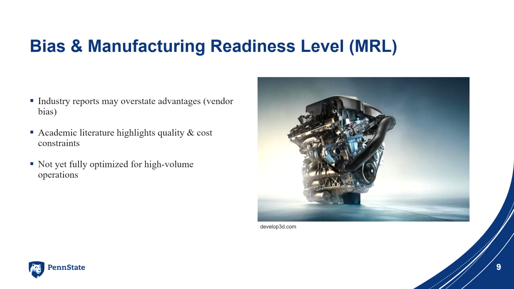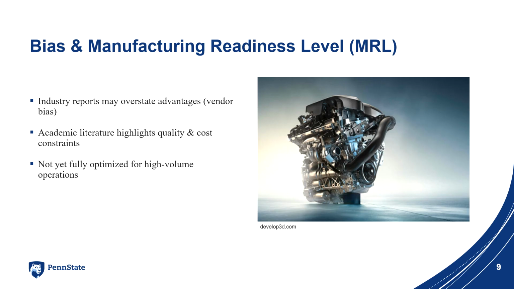So let's look at the reality. When we looked at vendor materials, most of it highlighted the positives, such as the speed, complexity, and how tooling is eliminated. What vendors don't talk about much are the real constraints: rougher surfaces, slower throughput, and higher variable cost. Academic research gives a more balanced view and confirms those limitations.